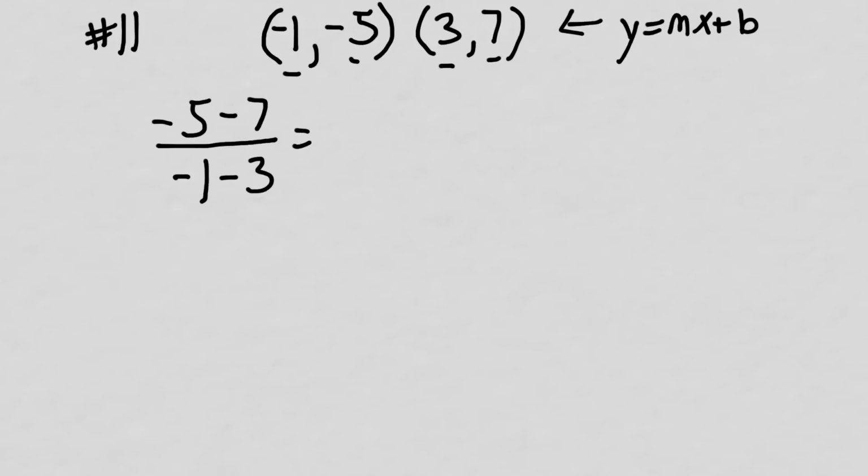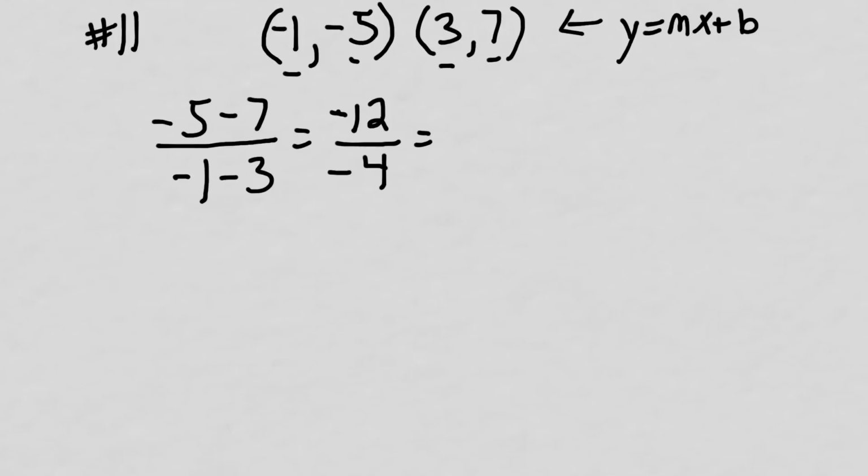I strongly suggest you put these into the calculator. I saw all kinds of mistakes being made with negative numbers still. So put this into your calculator. The slope is going to be -5 minus 7, which gives you -12, over top of -1 minus 3, which is -4.